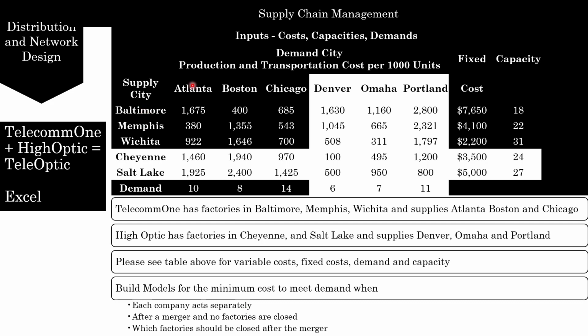So does Baltimore supply Atlanta, supply Boston, etc.? Then assume that there is a merger, but all these 6 factories are open. And then finally, we're looking at which factories should close. So let's look at each one of these problems in Excel.